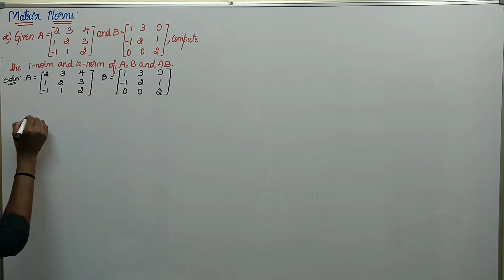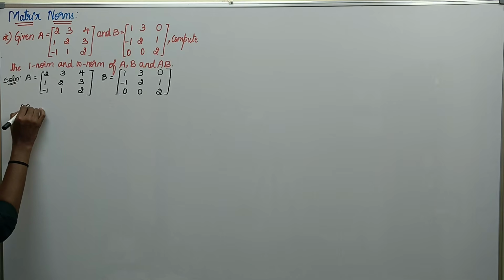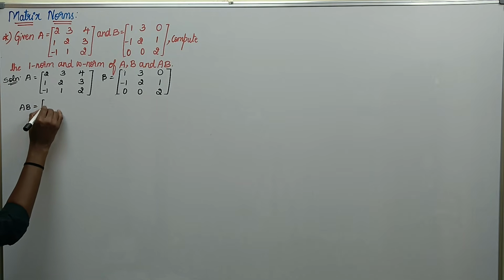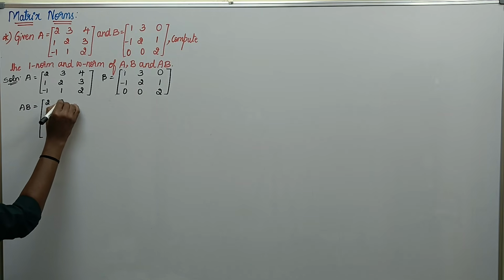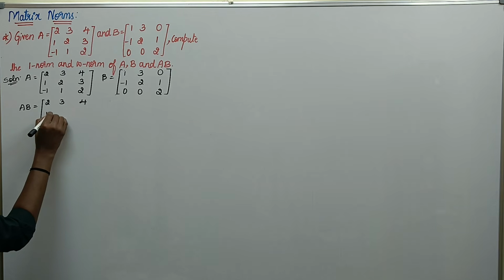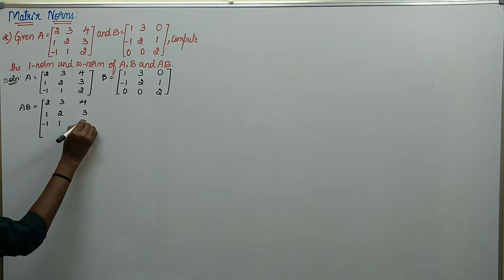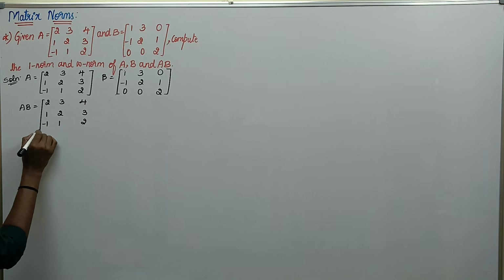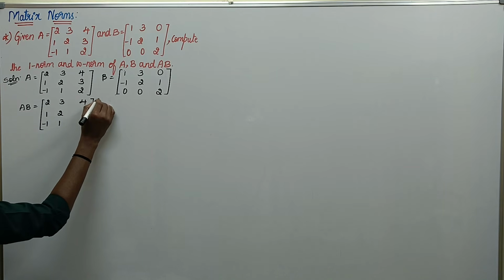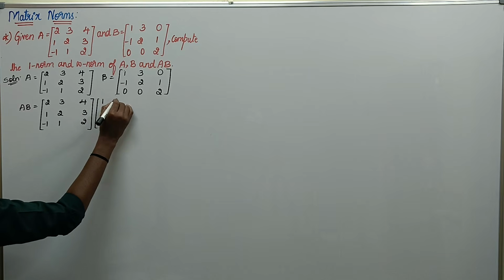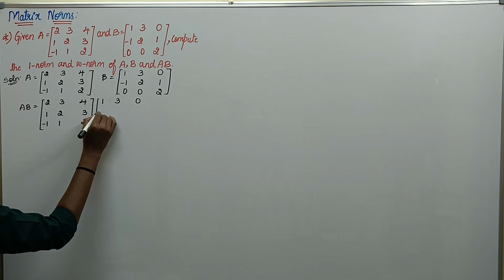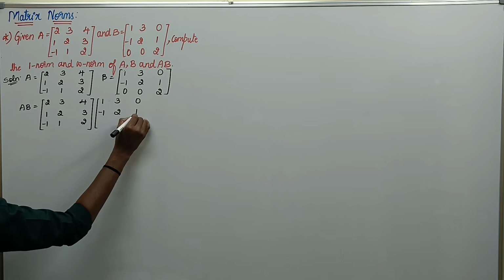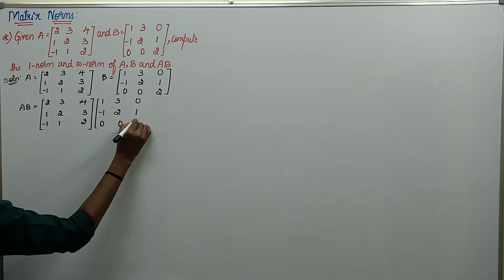Now we are supposed to find A into B. That is, A into B is given by 2, 3, 4, 1, 2, 3, minus 1, 1, 2, close the bracket, into the matrix 1, 3, 0, minus 1, 2, 1, 0, 0, 2.